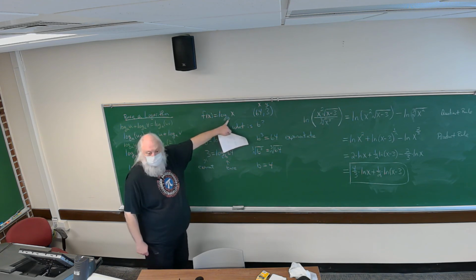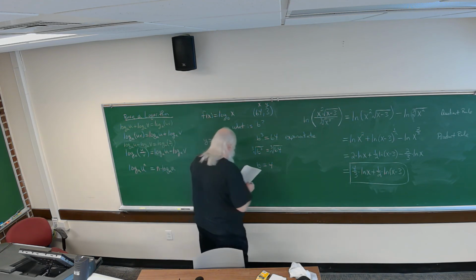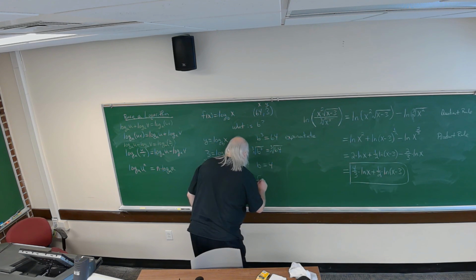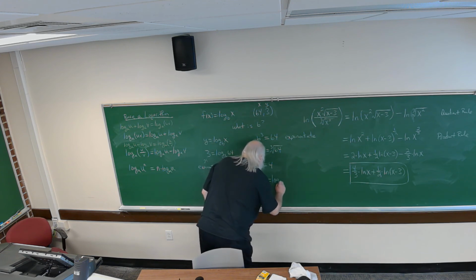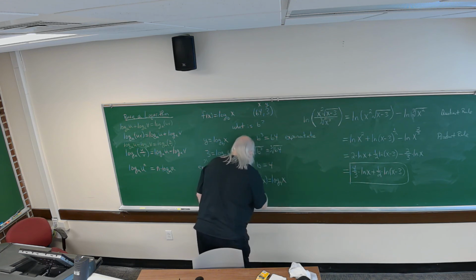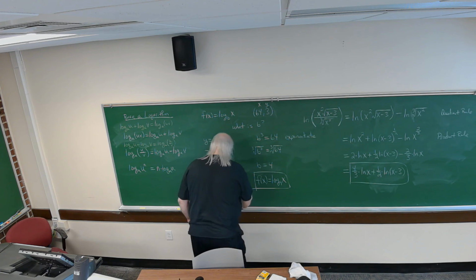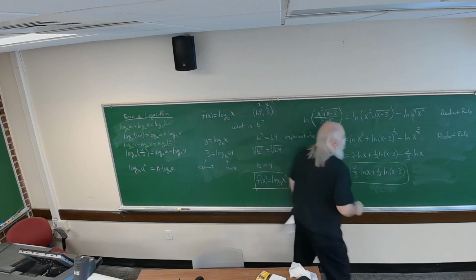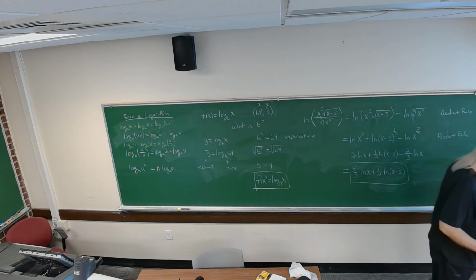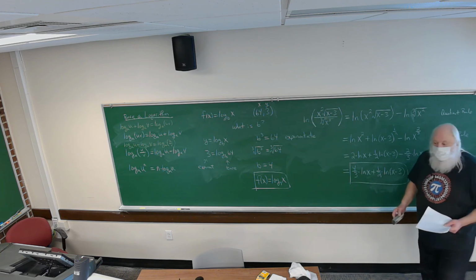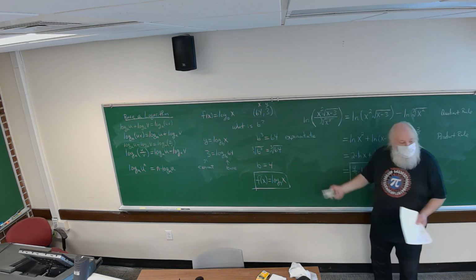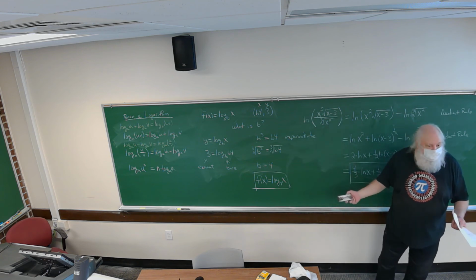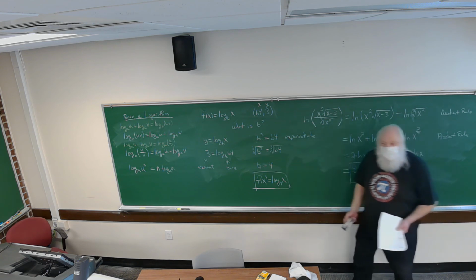Put 4 in for b here, and you have f of x is equal to log base 4 of x. Any questions on that? We did a similar type problem with exponents when we were doing exponential functions, section 5.1.